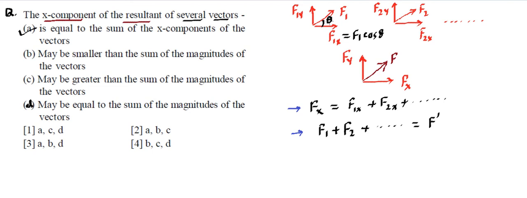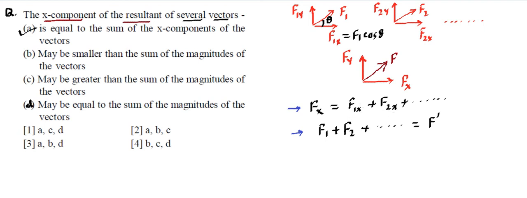It can be equal. When can it be equal? When theta becomes 0, the entire F1 will be in this direction. So the y component will become 0, but the x component will be equal to F1. So a component can be less than or equal to the force itself, but it can never be more than that. So F1x will be less than F1, F2x will be less than F2, similarly other components.